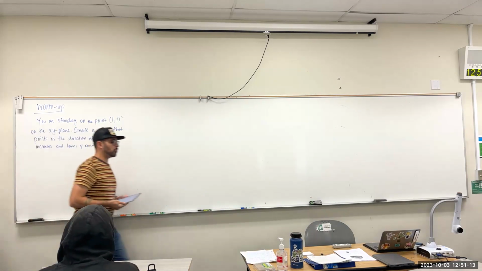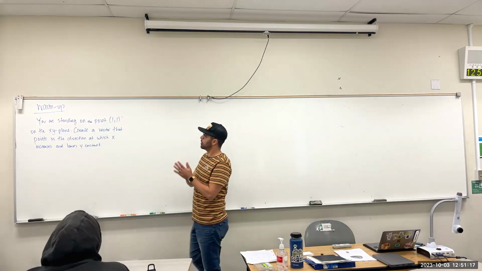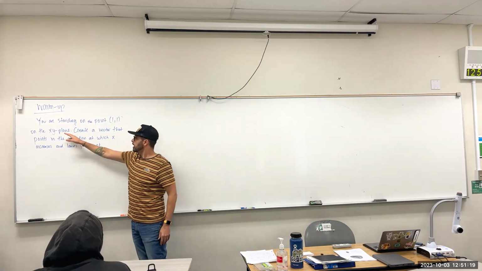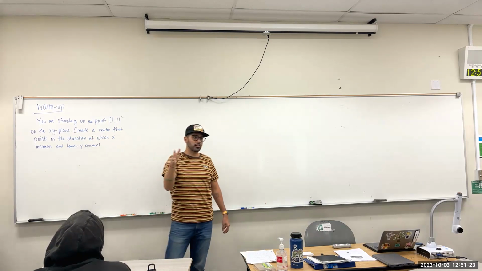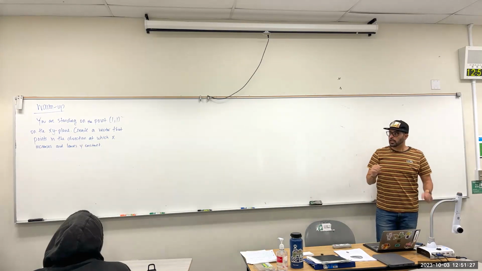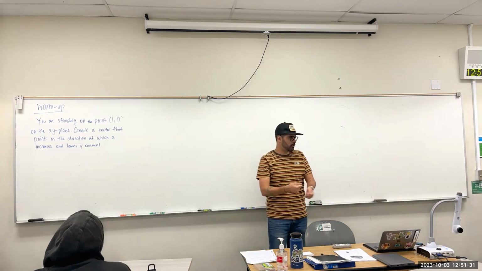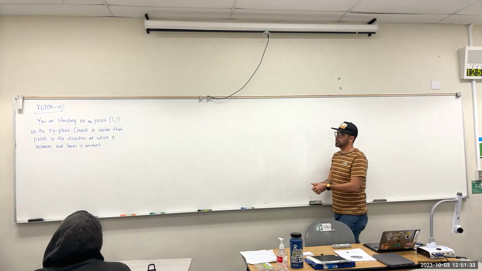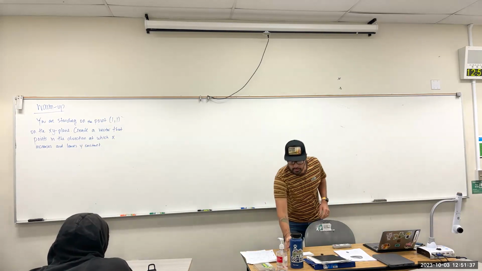There could be more than one answer. So just think about you're on the point 1, 1 on the xy plane. I would like you to create a vector that points in the direction at which x is going to increase, but it'll leave y constant. And then just with your usual groups, share your vector, see if they agree that vector satisfies the criteria. If not, maybe give some feedback.